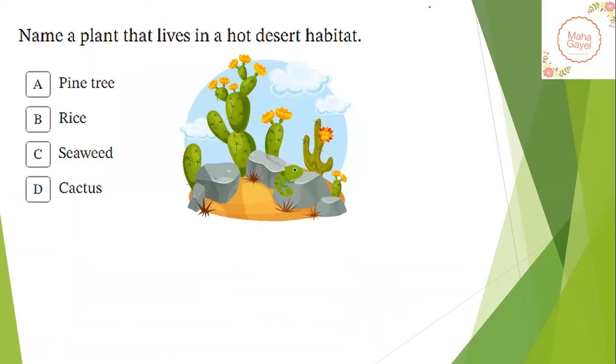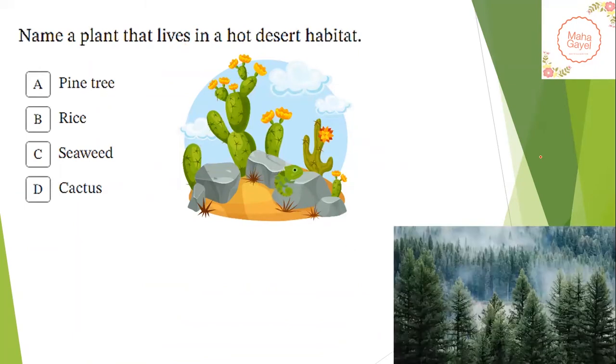Now with this question. Name a plant that lives in a hot desert habitat. Just mention the name. Pine tree? Do you know the pine tree? Yes, these are pine trees. And rice. Do you know the rice? How does it grow?